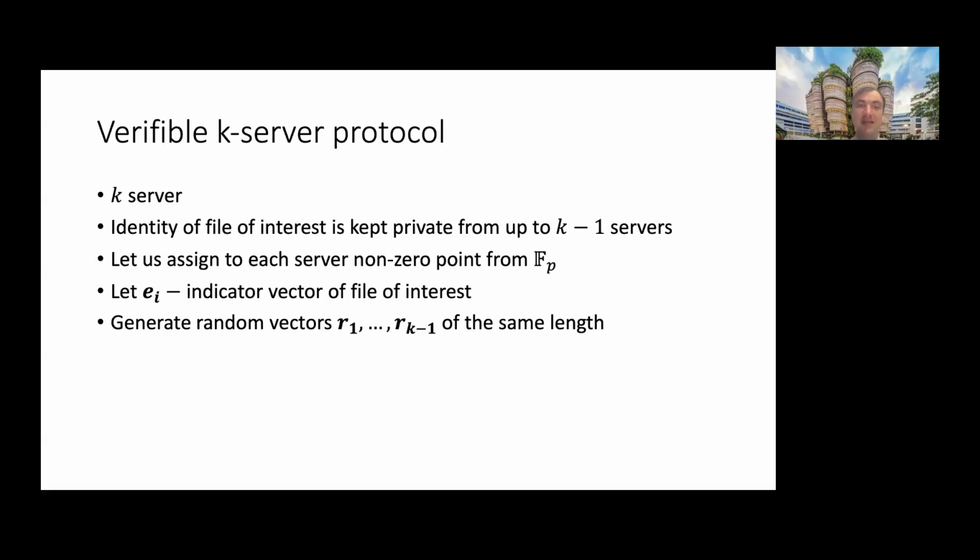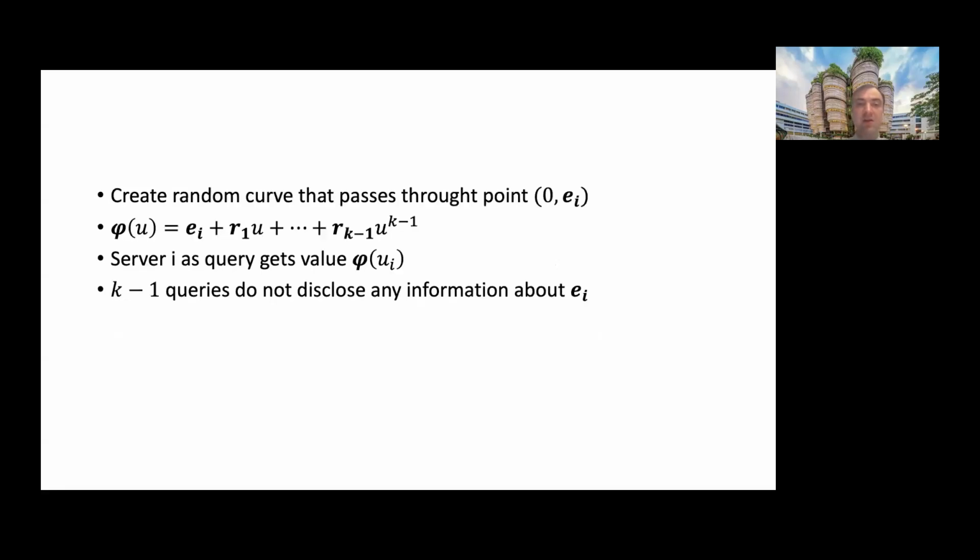To do so, we assign to each server a non-zero point from the finite field F_p, and let e_i be the indicator vector of the file of interest. Let us generate random vectors R_1 till R_{k-1} of the same length as the indicator vector of the file of interest.